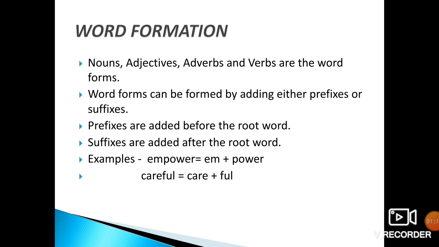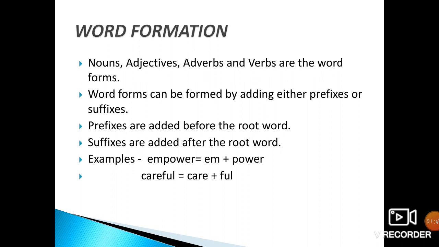What is word formation? Nouns, adjectives, adverbs and verbs. These are the word forms. Word forms can be formed by adding either prefixes or suffixes. You know actually what prefixes and suffixes are, but I am revising. Prefixes are added before the root word, main word.